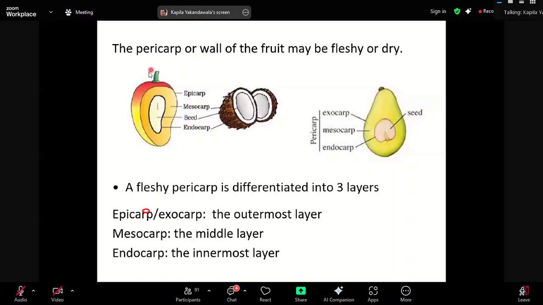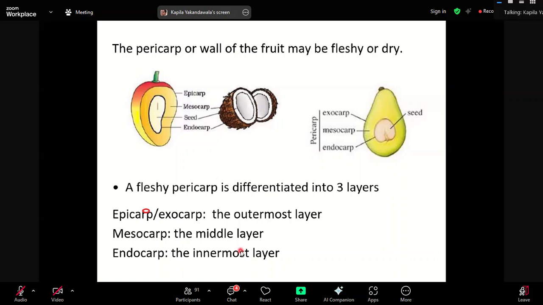The outermost cover is called the epicarp or exocarp. That is the outer wall. Inner to that, you get the mesocarp, the middle layer. We eat the middle layer, the mesocarp, in avocado and in mango. Inner to that, you get the endocarp, the innermost layer, and the seed is protected by these 3 layers.